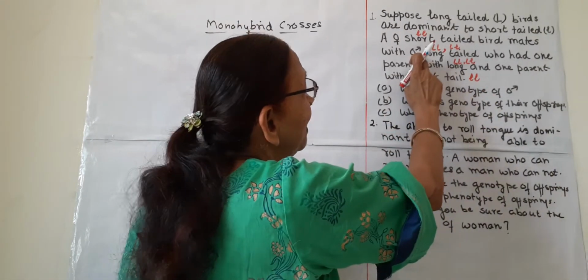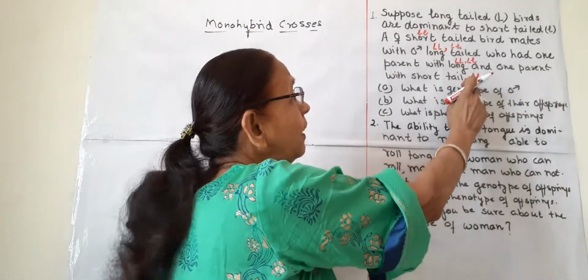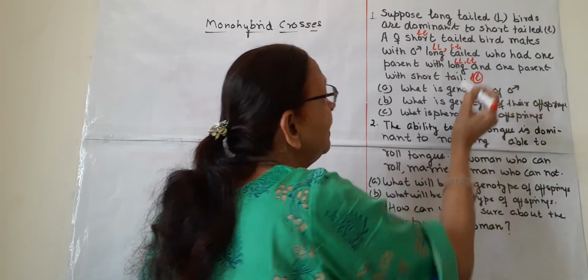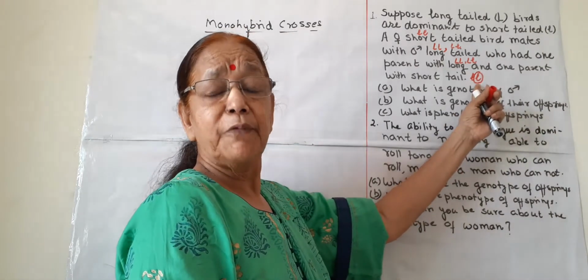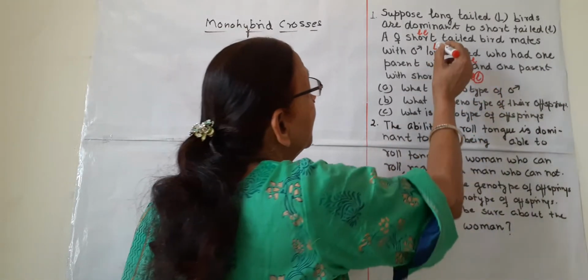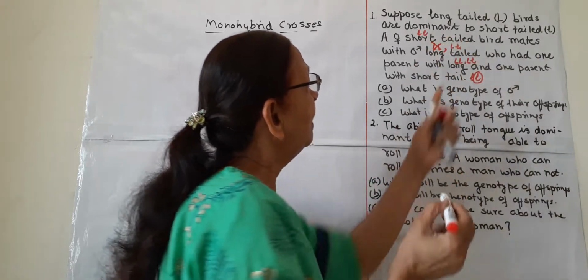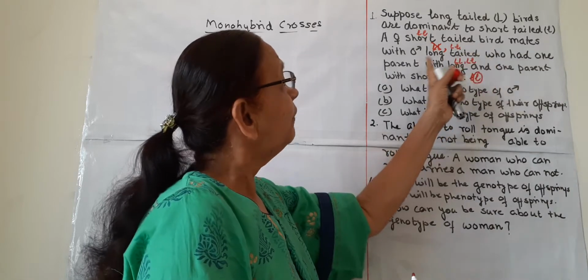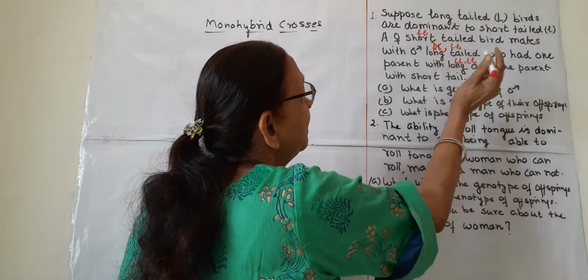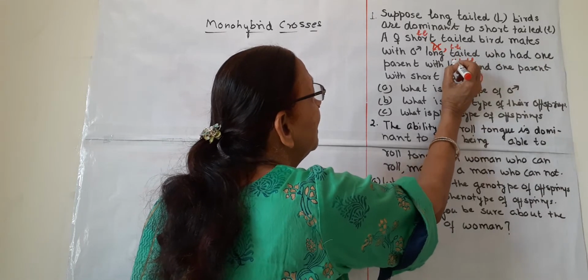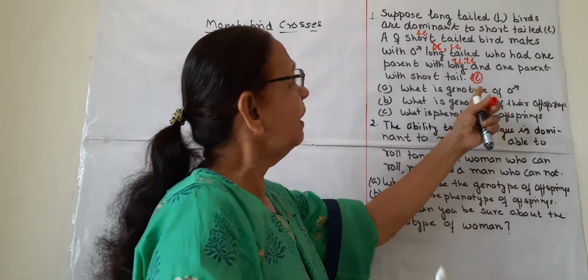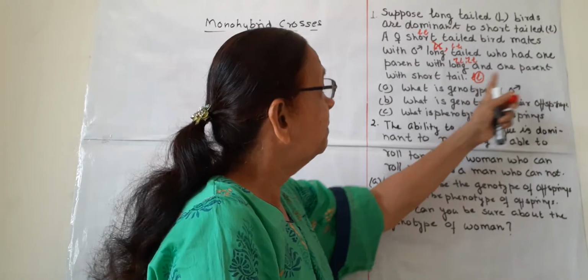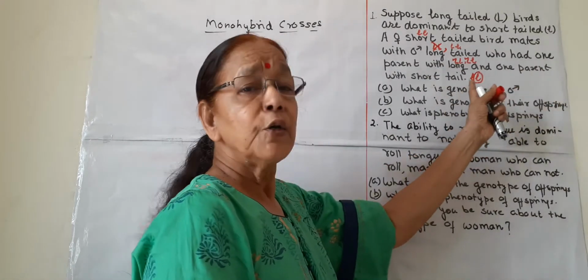So this male, if one parent is small l, then it will have one allele small l from this parent. So it cannot be capital LL. It will be only capital L, small l. If it is long-tailed, from one parent it will have the capital allele, but from the other parent, only small l is possible because this parent is short-tailed.